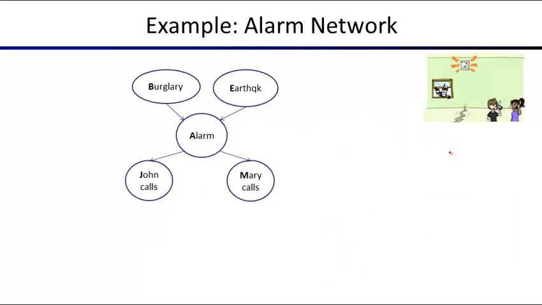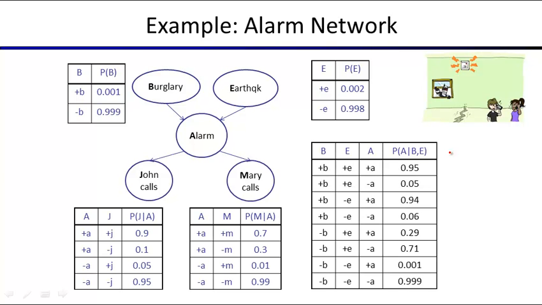Alarm network. What would that look like? This is just the directed acyclic graph, including the tables. Looks like this. Why is this one the biggest table for alarm? Because alarm has the most parents. The more parents you have, the bigger your table will become.